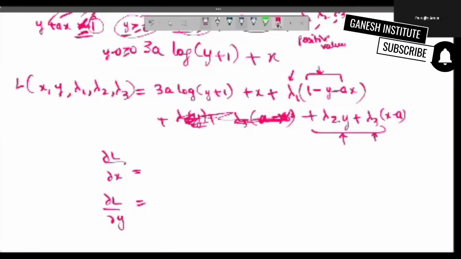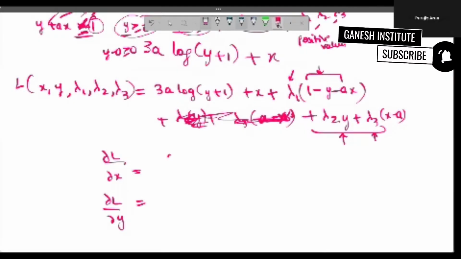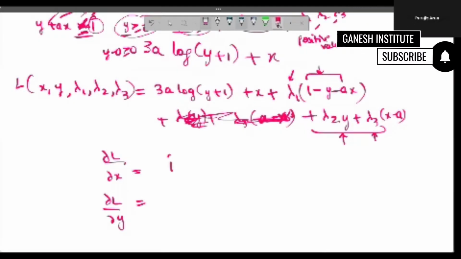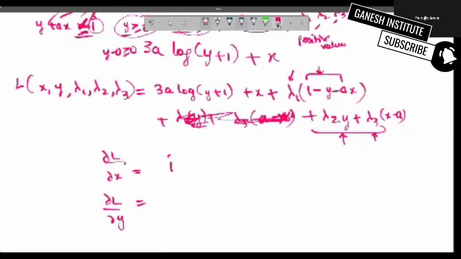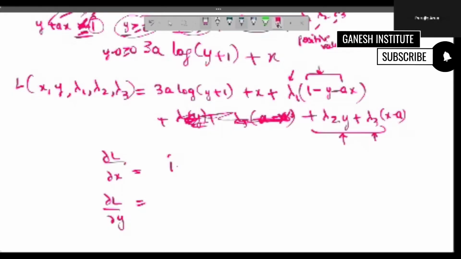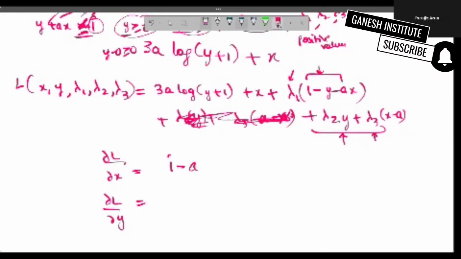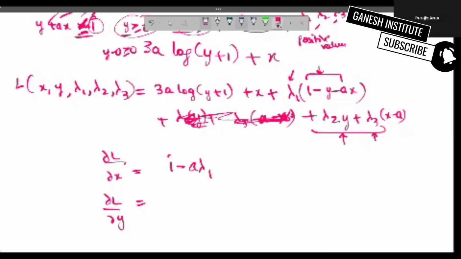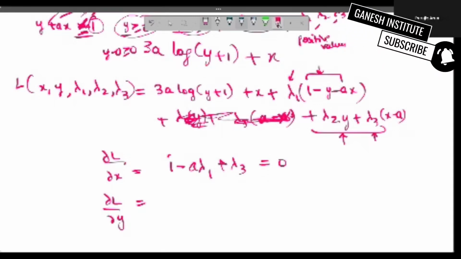It is going to be 1 plus lambda 1 times a, 1 minus lambda 1 a, then plus lambda 3, and you have to set it equal to 0.